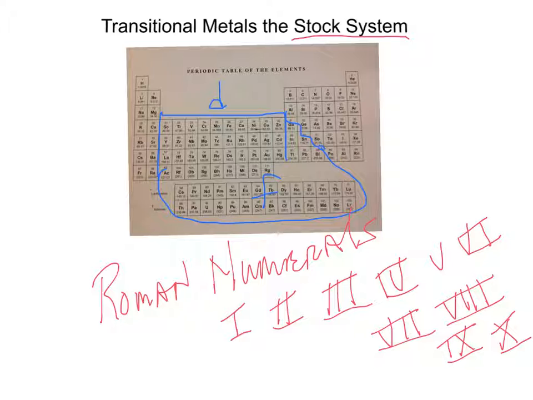If you get through 10, that's a pretty good set. The Roman numerals tell us what the charge is on the metal only. So it's on the metal that this is going to tell me the charge.